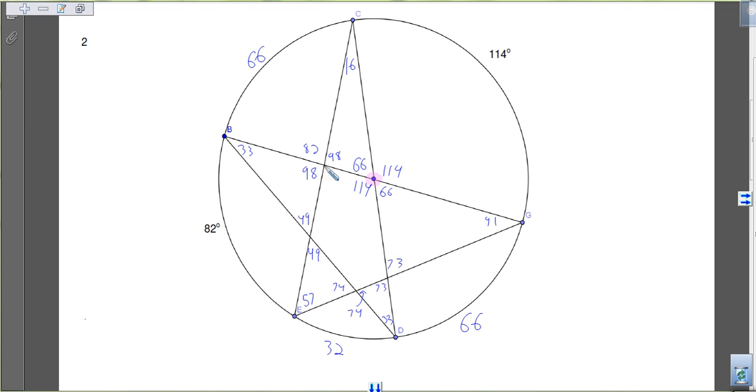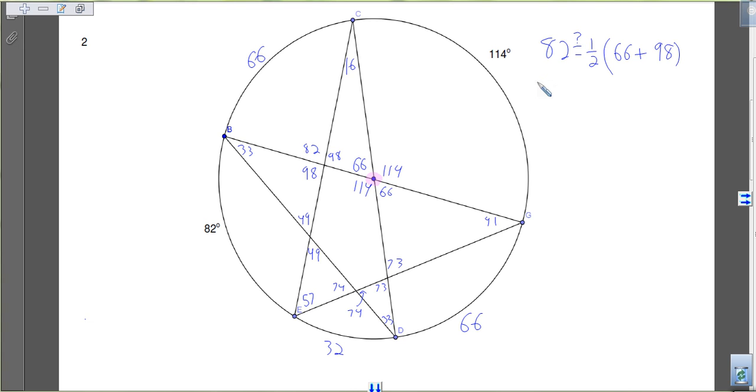So, if I have done this correctly, I should be able to say that 82, remember I put that question mark to say, well, I'm going to test this, is equal to half of this arc, which is 66, plus this arc, which is 98. And as I go through, I'll see that that is in fact correct.